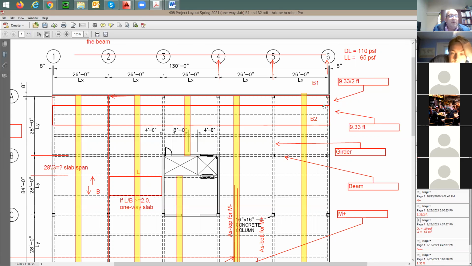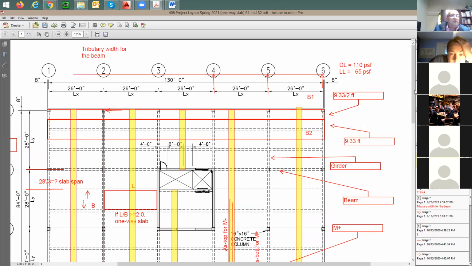Now, how much is the load in B1 and how much is the load in B2? Let me write it here. W dead load for B1 equals the uniform load, 110 times 9.33 divided by 2. So I'll take the tributary width multiplied by the uniform load. Here's the uniform load, and this is the tributary width, 9.33 divided by 2.